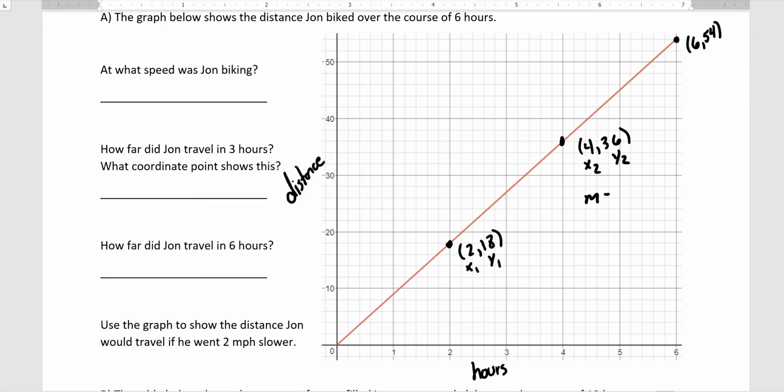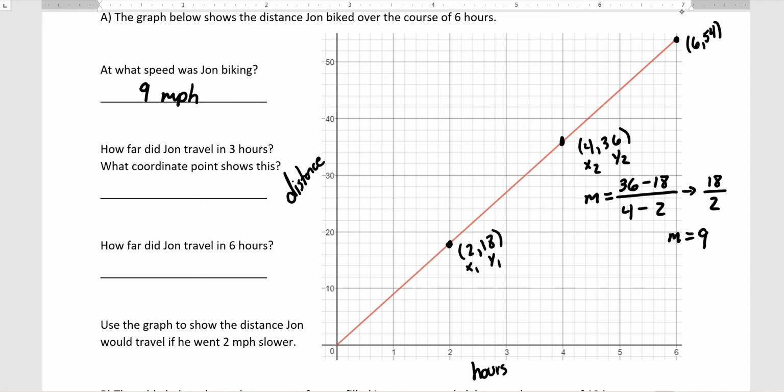So m would equal y2, 36, minus y1, 18, over x2, 4, minus x1, 2. 36 minus 18 is 18. 4 minus 2 is 2. So we find that m equals 9. And that 9 would be represented by 9 miles per hour. So John was biking 9 miles per hour in this rate.